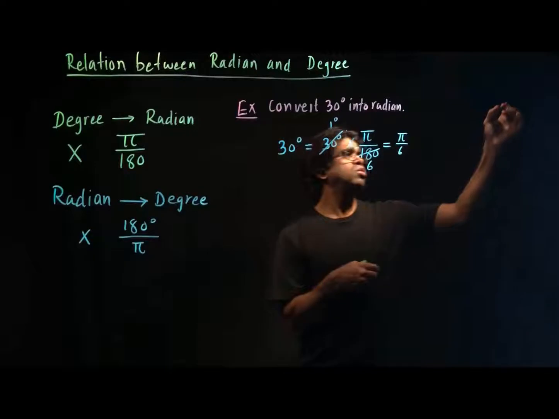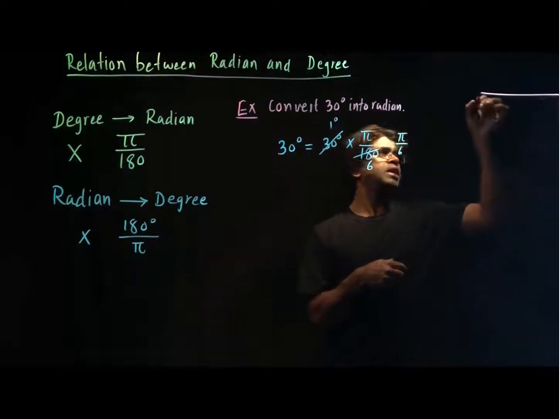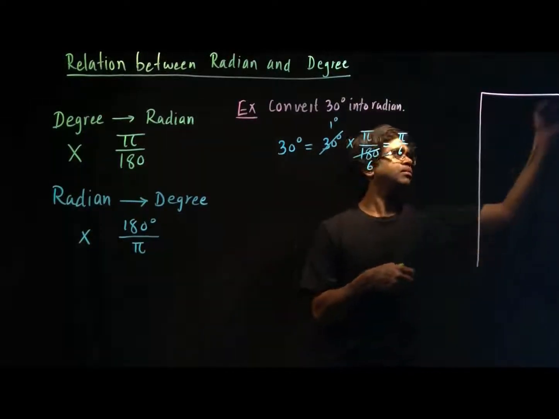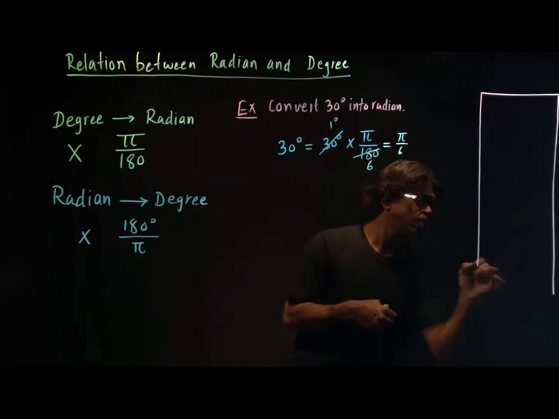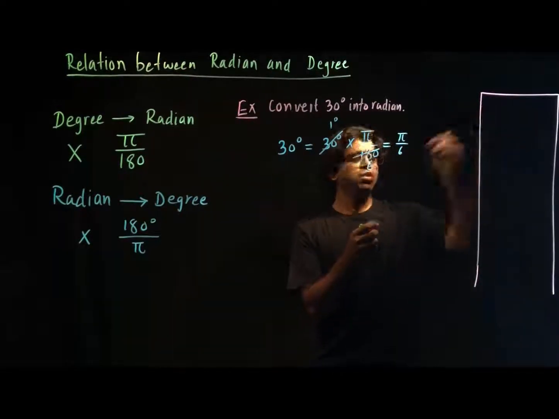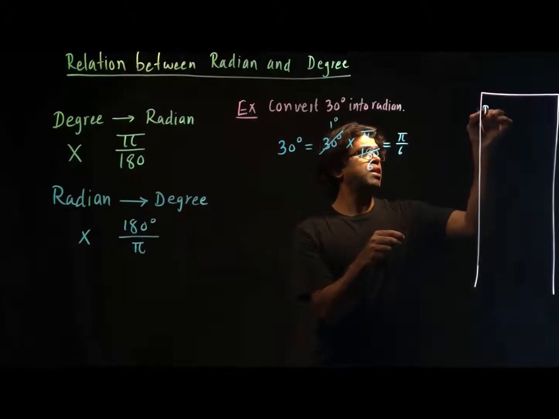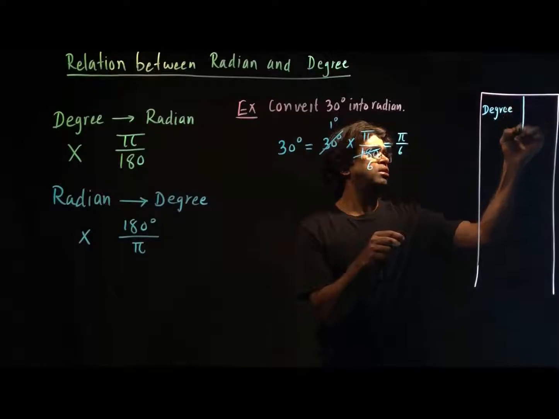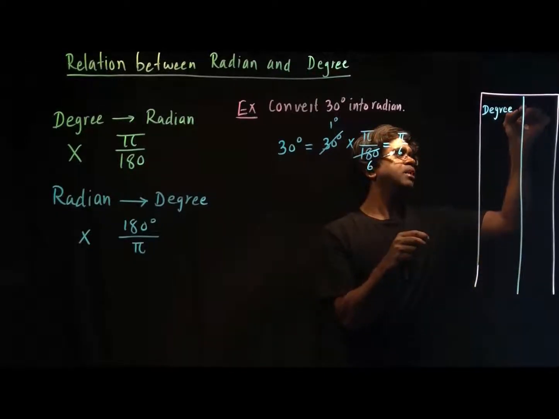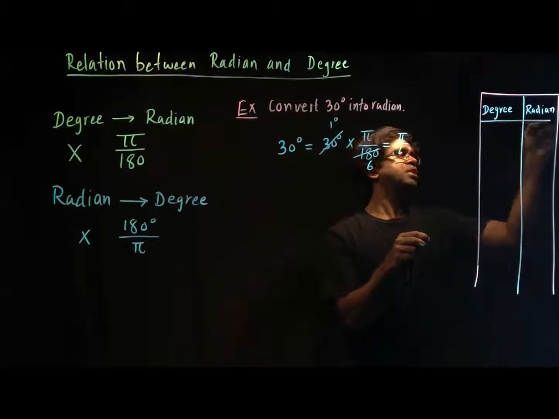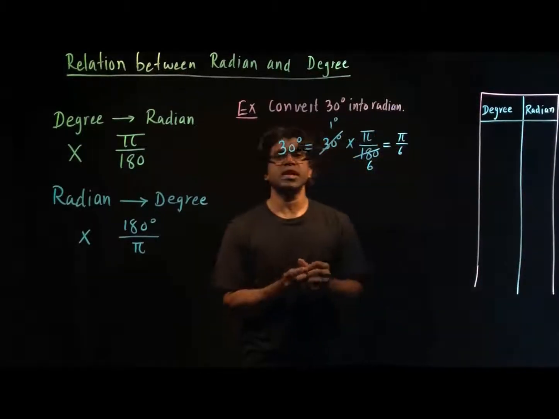I'm going to create a table. The first column is degree, and the second column is radian.